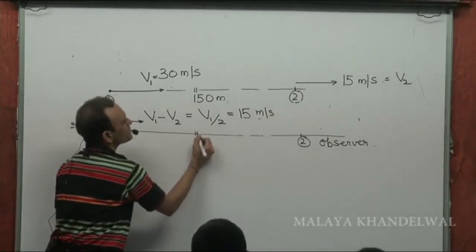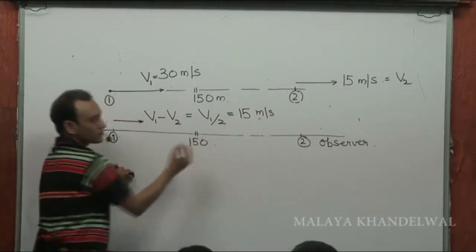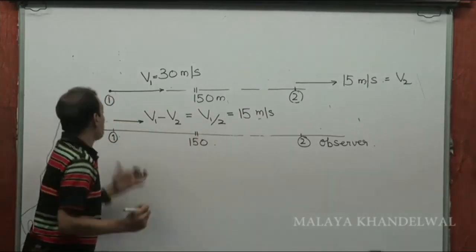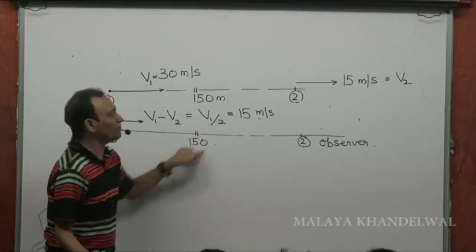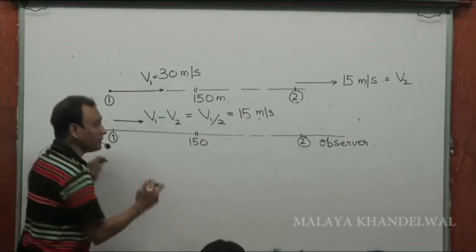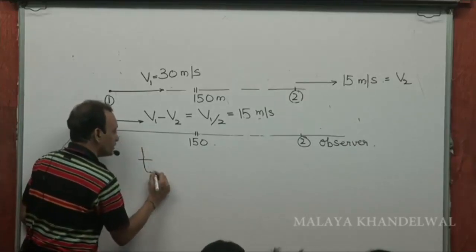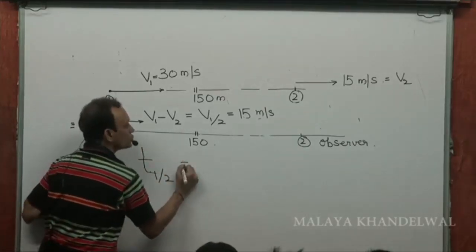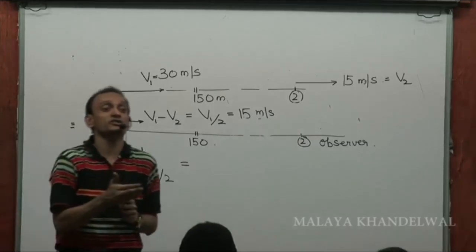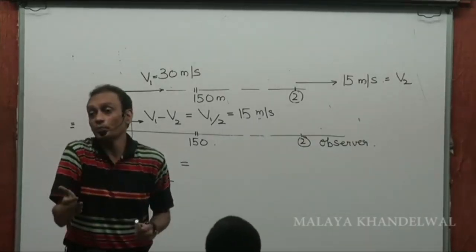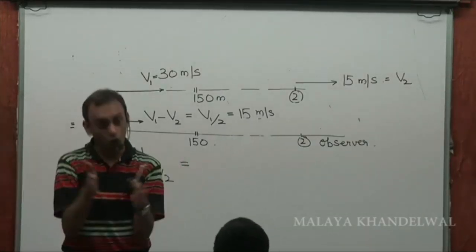And the separation between them is 150 meters. So the time it takes for 1 to catch up on 2 would be 10 seconds. Isn't it? 150 by 15. Time taken for 1 to catch up on 2 is going to be the relative separation. How much does the relative separation change? When 1 catches up on 2, it changes from 150 to 0.